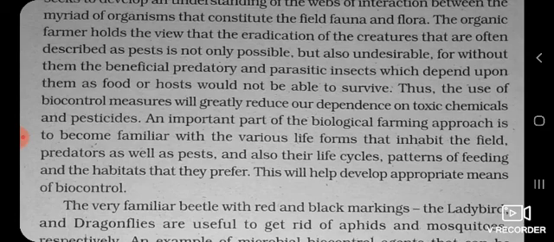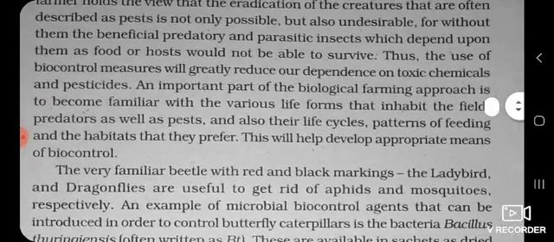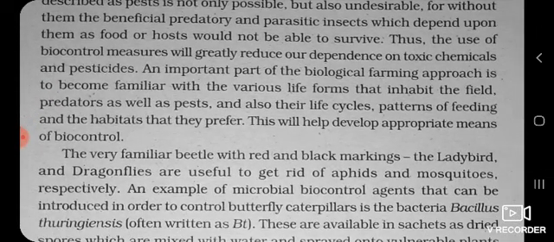Thus, the use of biocontrol measures will greatly reduce our dependence on toxic chemicals and pesticides. Chemical methods which control the pest, that is called a pesticide, have very hazardous effects on the plant. That's why they are not used now.